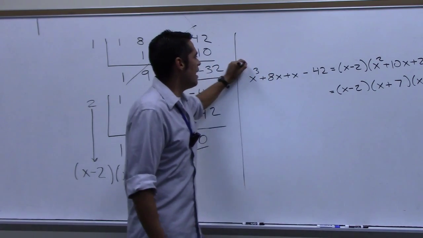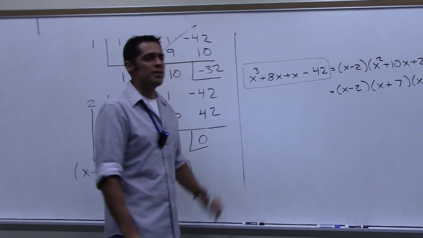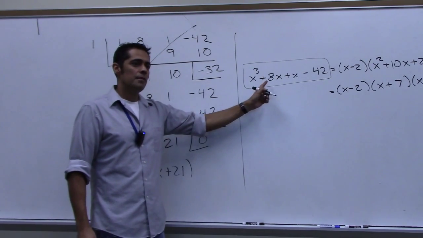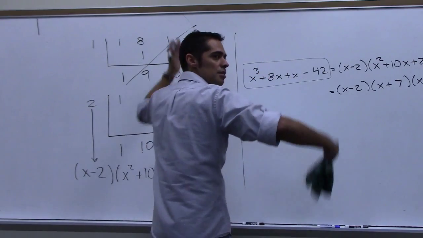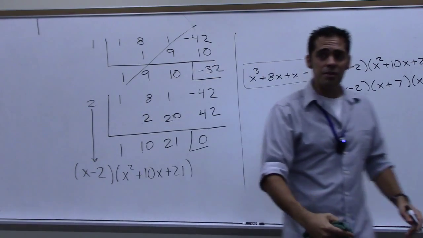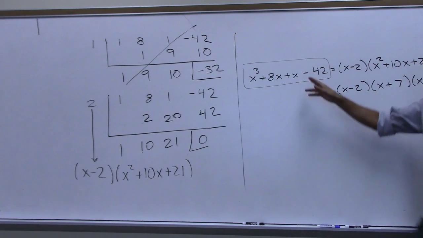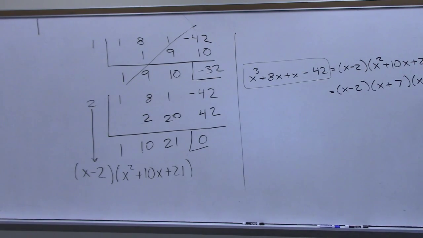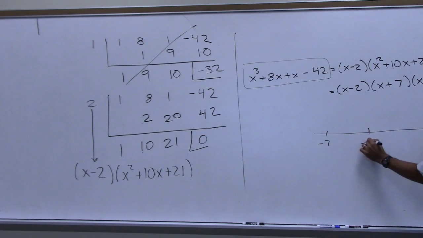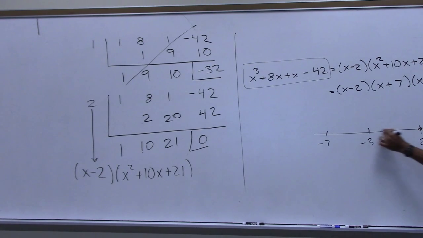Now, couldn't I ask you to go back and sketch that? You would do the leading coefficient test, you would see what the behavior is, right? Then you'd find the x-intercepts, which in this case would take you some work. But now you could plot these x-intercepts, couldn't you? -7, -3, +2.